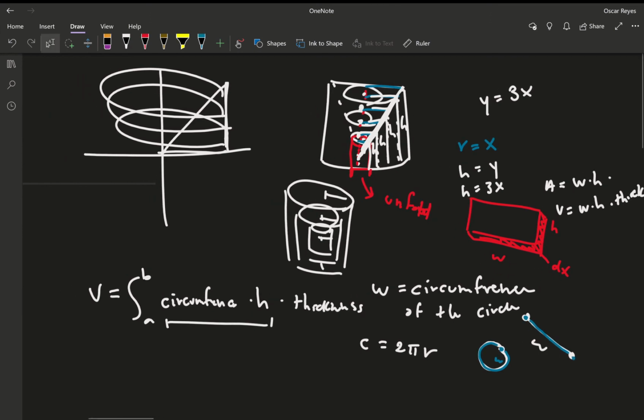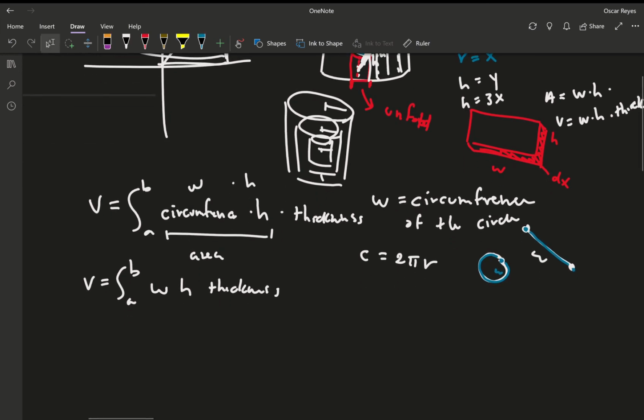So we know that this is the area, which is W times H, and our volume is going to be W times H times thickness. So our volume between A to B is W, H, thickness.